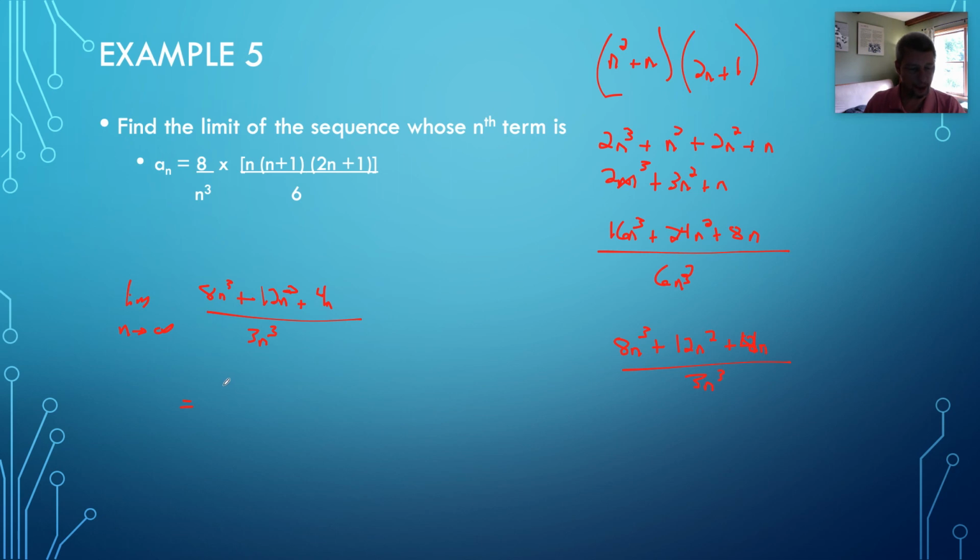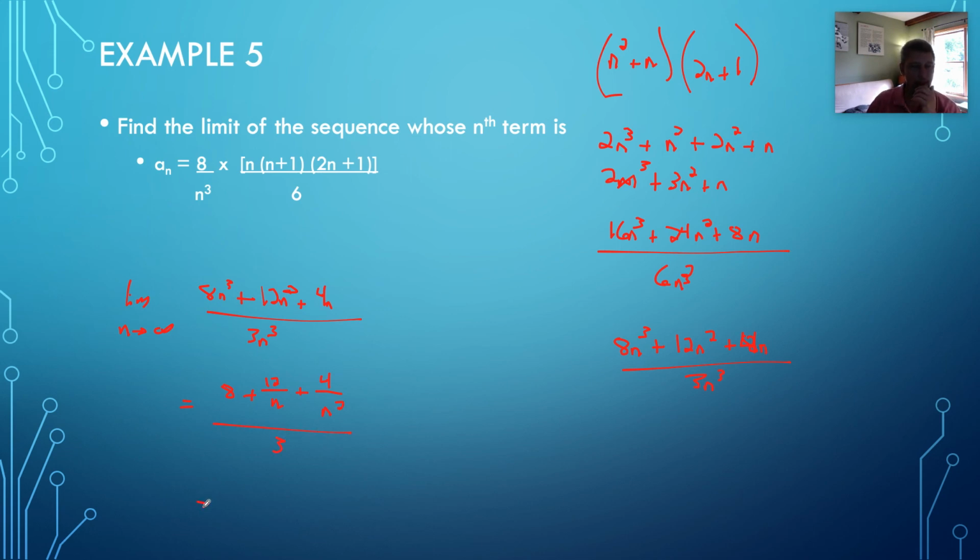And so this is going to become 8 plus 12 over n plus 4 over n squared, all divided by 3.